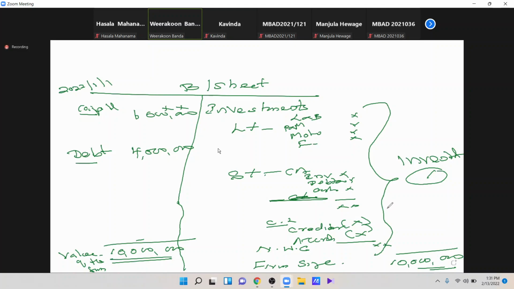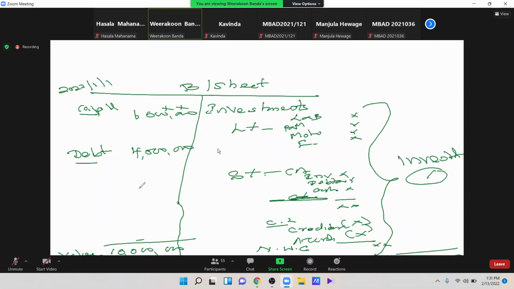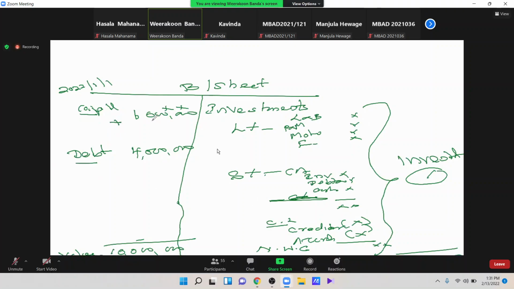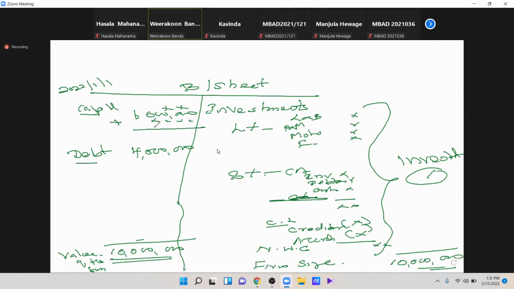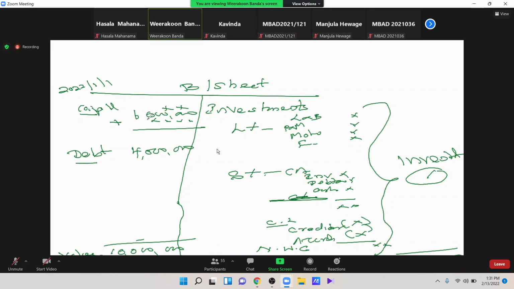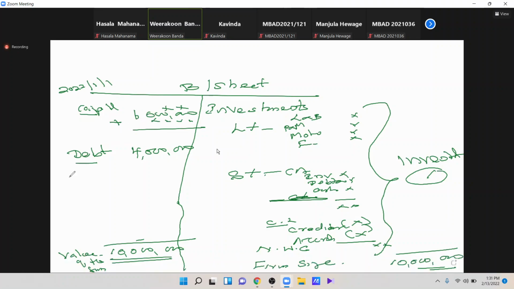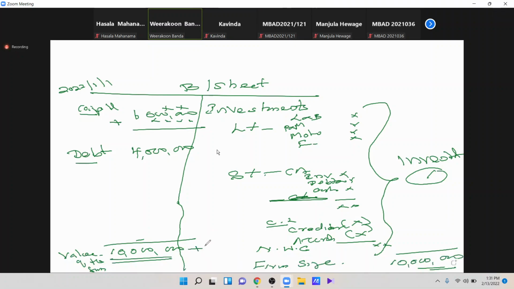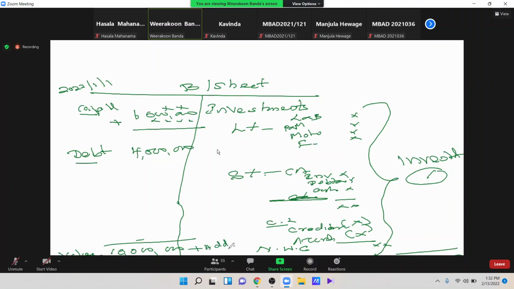So during the period you can earn some profit and then add value to this capital. At the end of the period, you expect to increase the capital here. Then ultimately you try to add some value here.